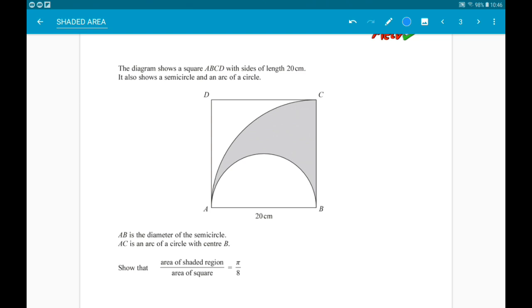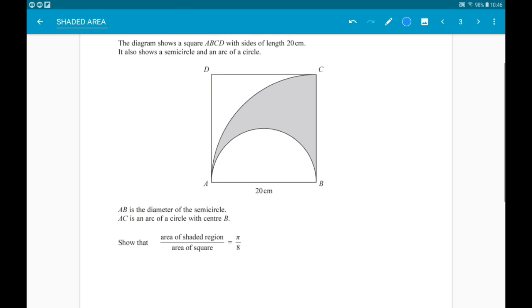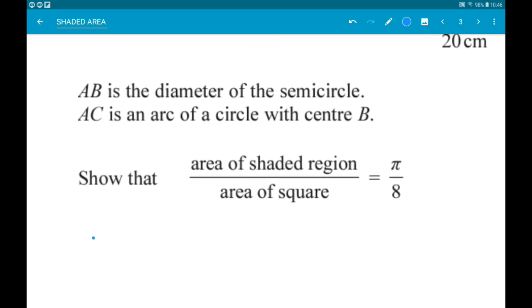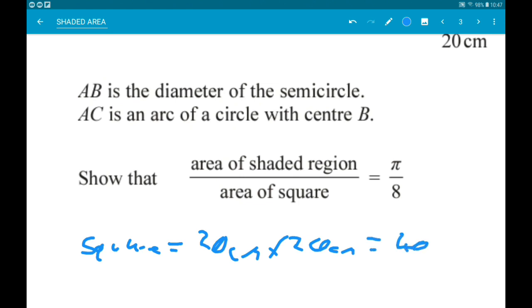Okay, so we need to work out some areas. First up, let's do the square. The square is nice and easy. It's going to be 20 centimeters times 20 centimeters, which is 400 centimeters squared.